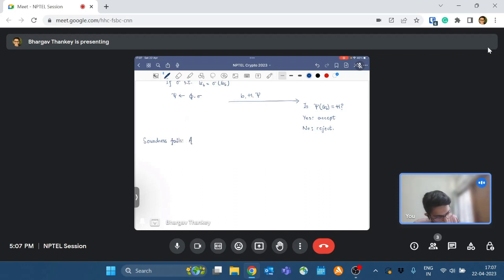A cheating prover. So suppose that G1 is not isomorphic to G2.